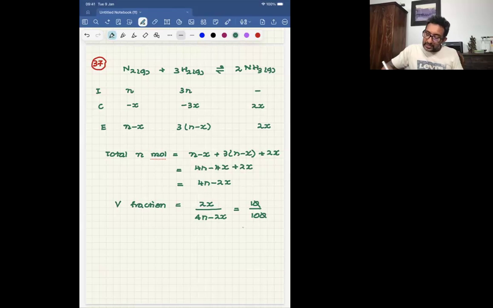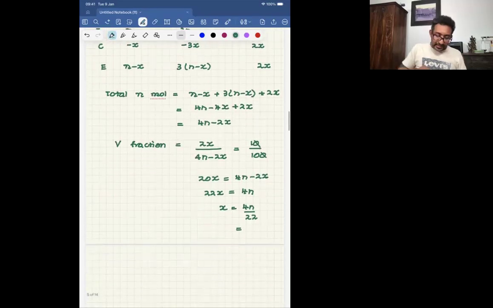So, what is this? So, you get 20x is equal to, cross multiply, yeah? 4n minus 2x. So, 22x is equal to 4n. x is equal to 4n divided by 22. Right?